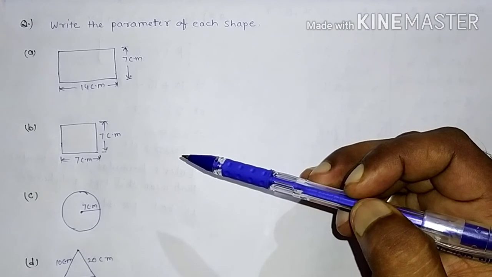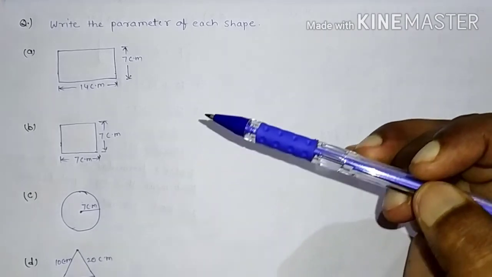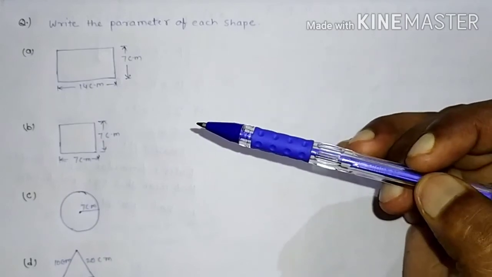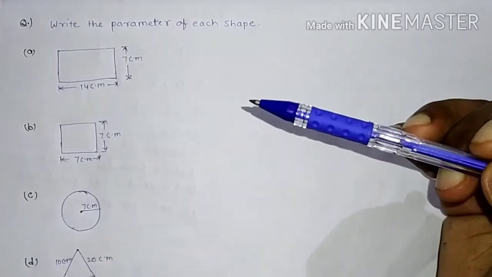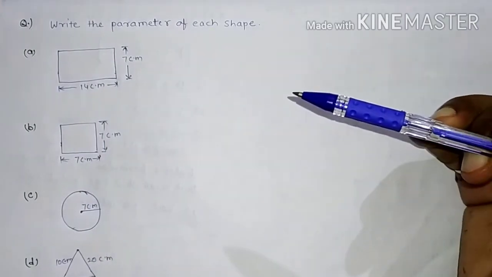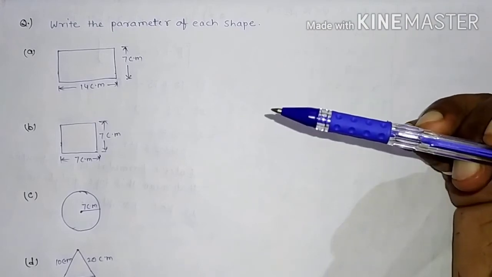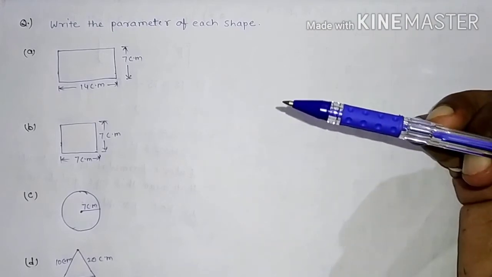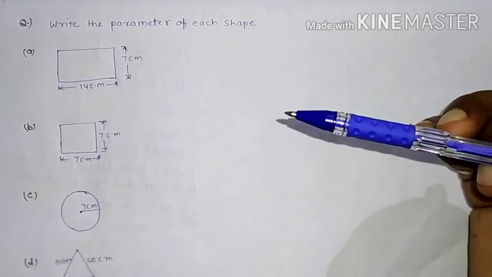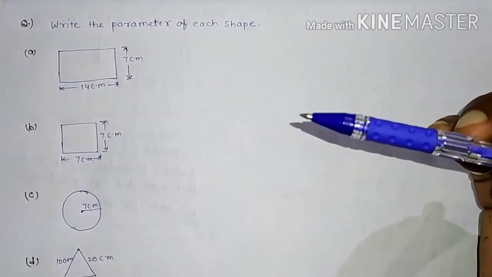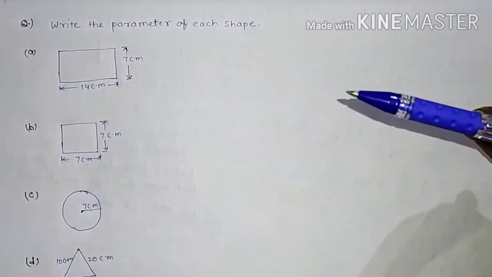That means if a figure is given, there are lots of sides and whose measurements are given, we have to find the perimeter of this diagram. That means simply we have to add all the measurements of all the sides of this figure.